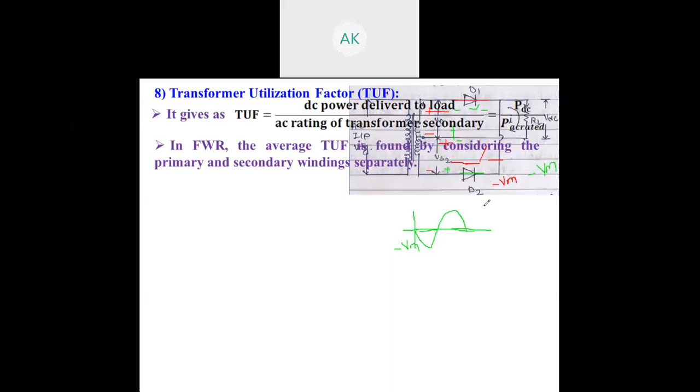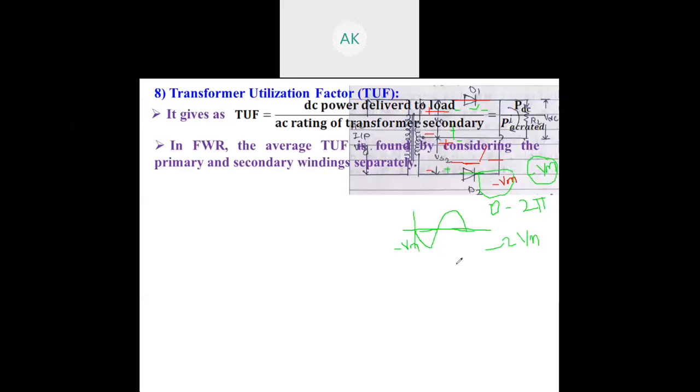So what is the voltage available during the entire cycle for 0 to 2 pi? This is for 0 to pi, and this is for pi to 2 pi. Finally, we will have the total peak inverse voltage as minus 2 times Vm.